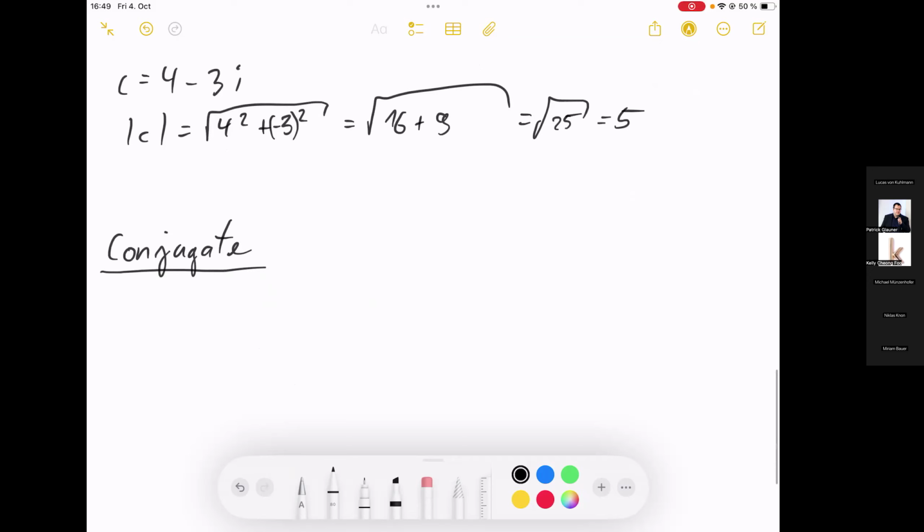Say we have a complex number z, which is a plus bi. For the conjugate, you typically put a bar on top in the notation, and it's just changing the sign of the imaginary part. So a plus bi will turn into a minus bi. This is the conjugate part.